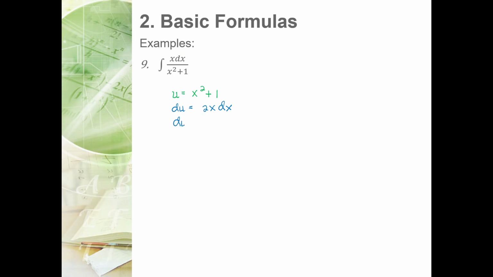So du over 2 is equivalent to x dx. Notice that we can replace every term in the equation. So x dx is du over 2. Right? Here, we will color it so that you can see it.